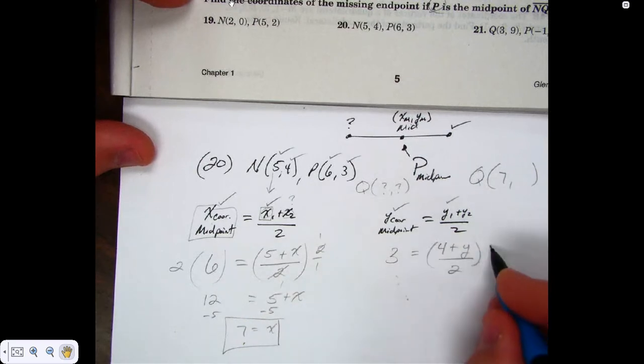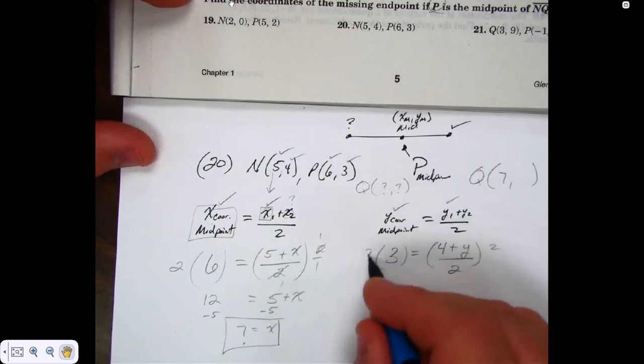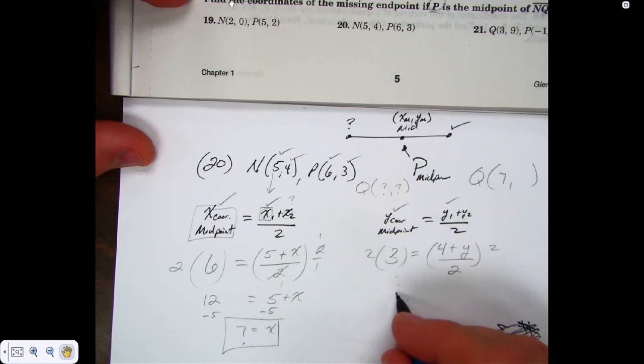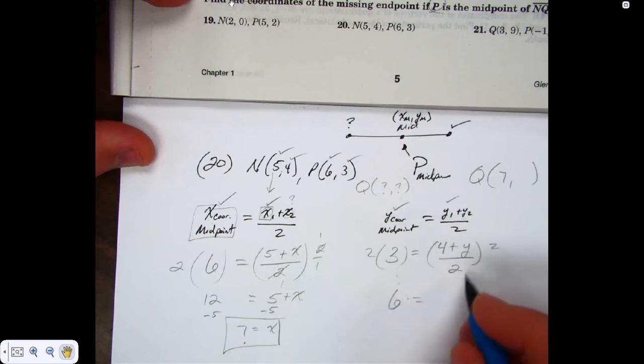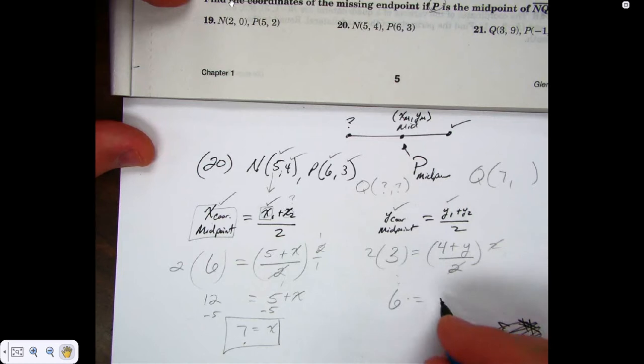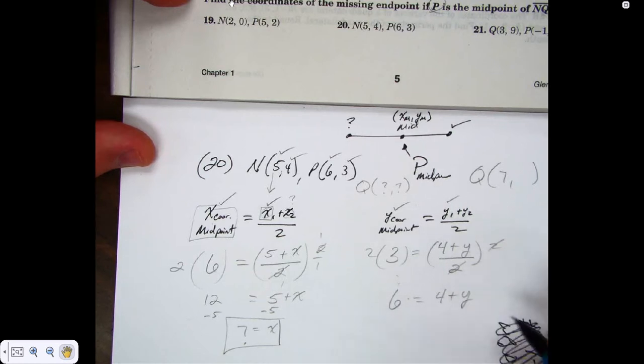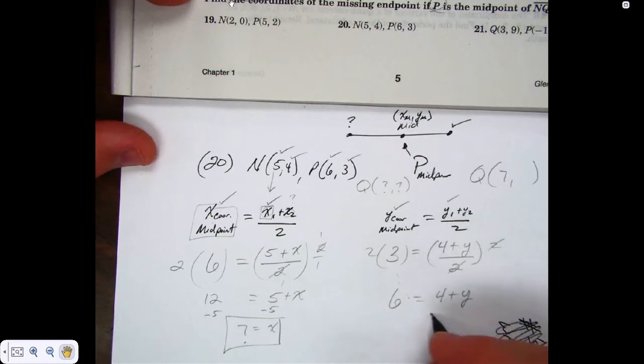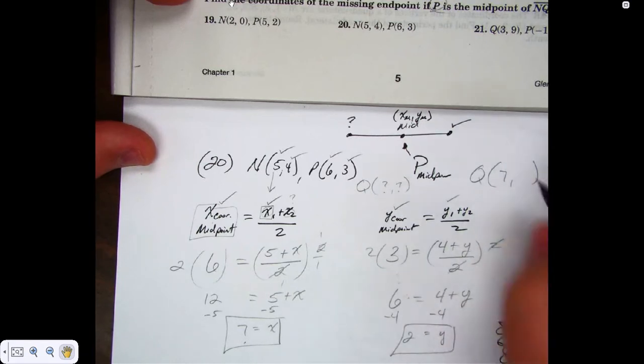Multiplied both sides by 2, correct? What am I left with on the left? Equal to, what happens to my 2's? Leaving what? What's your next step? y is equal to? There's your answer.